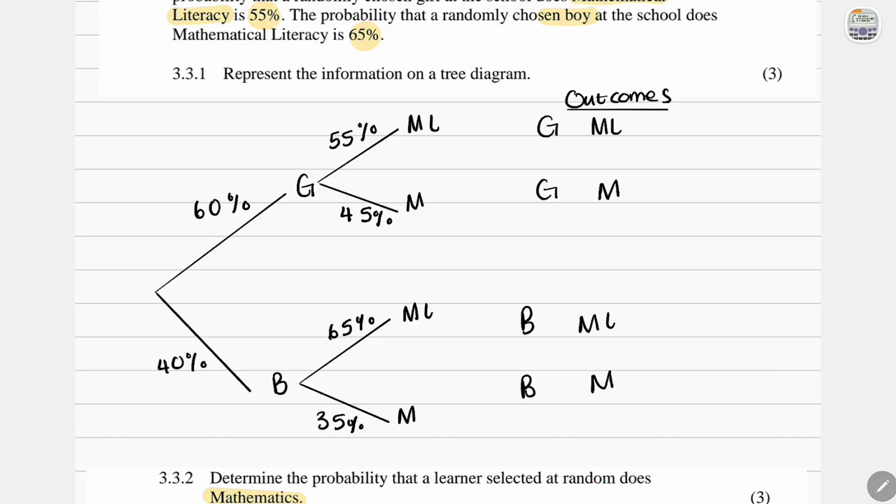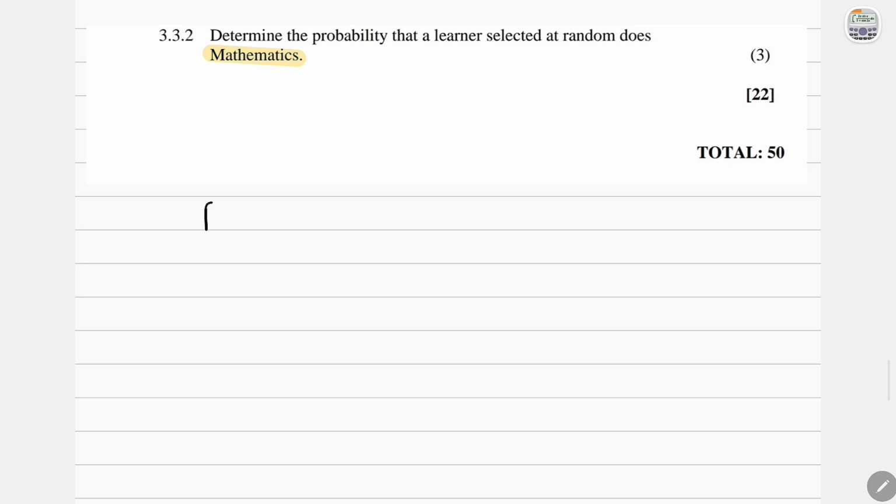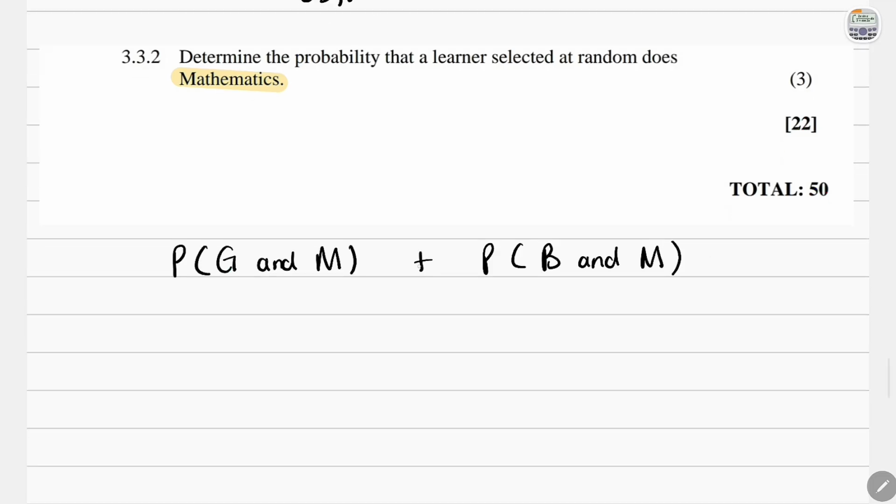Or would mean to add. It increases the chance of something happening. Okay, so let's go ahead and find that. We'll say the probability of a girl who does mathematics, plus the probability of a boy who does mathematics. Okay, so you can just say or first and let's find this.